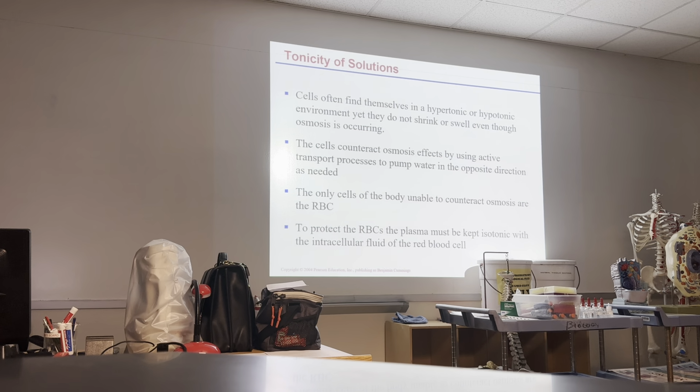Now, we're talking about passive transport. If you're looking right here, it says the only cells of the body unable to counteract osmosis are red blood cells. Why do you think that is true? Well, first of all, what does a red blood cell do anyway? Transport oxygen, carbon dioxide, nutrients, and whatnot, right? That's the whole purpose. They run off of temperature and they run off of acidity, not the tonicity.